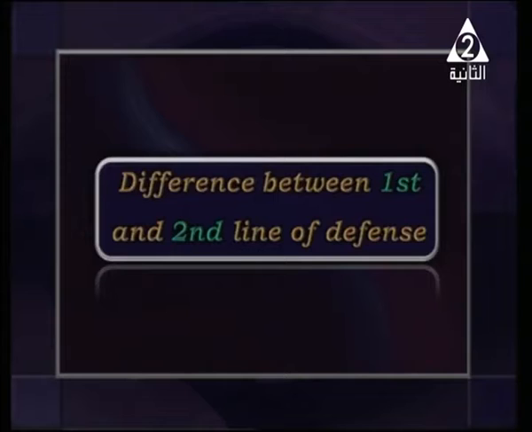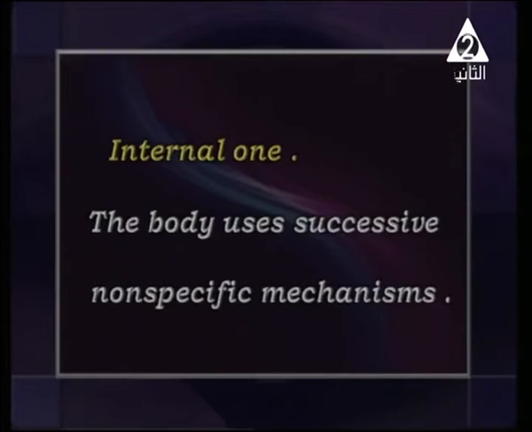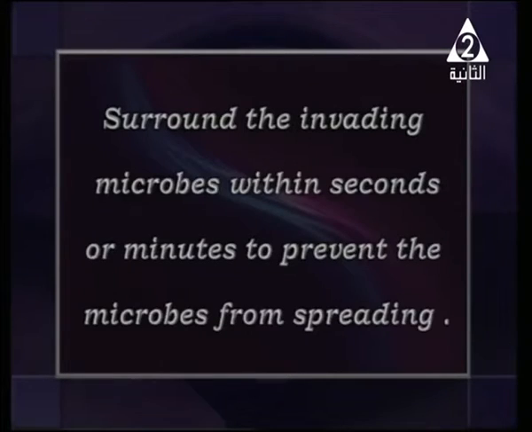For example, the difference between the first and second line of defense: in the internal one, the body uses successive non-specific mechanisms that surround the invading microbes within seconds or minutes to prevent them from spreading.